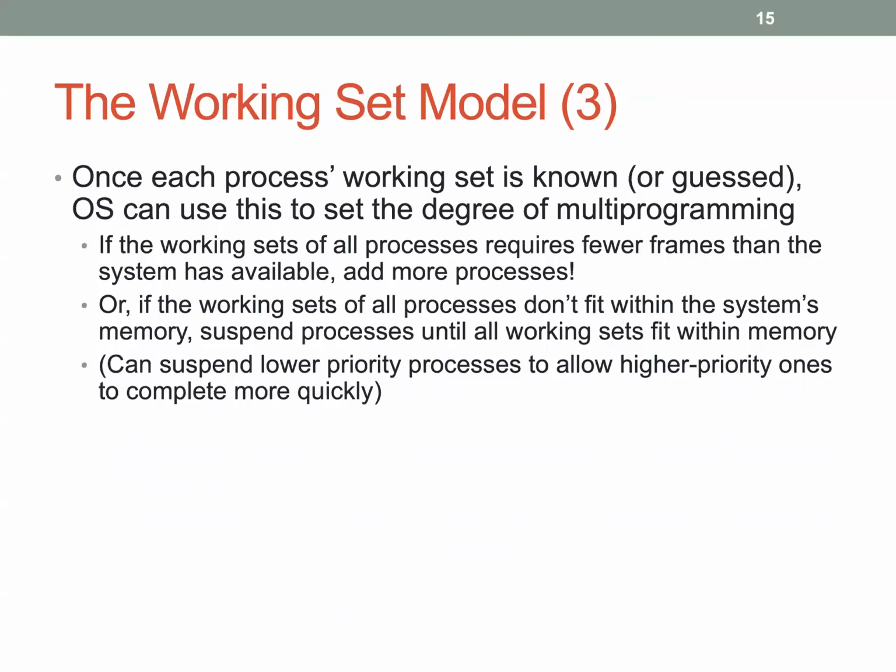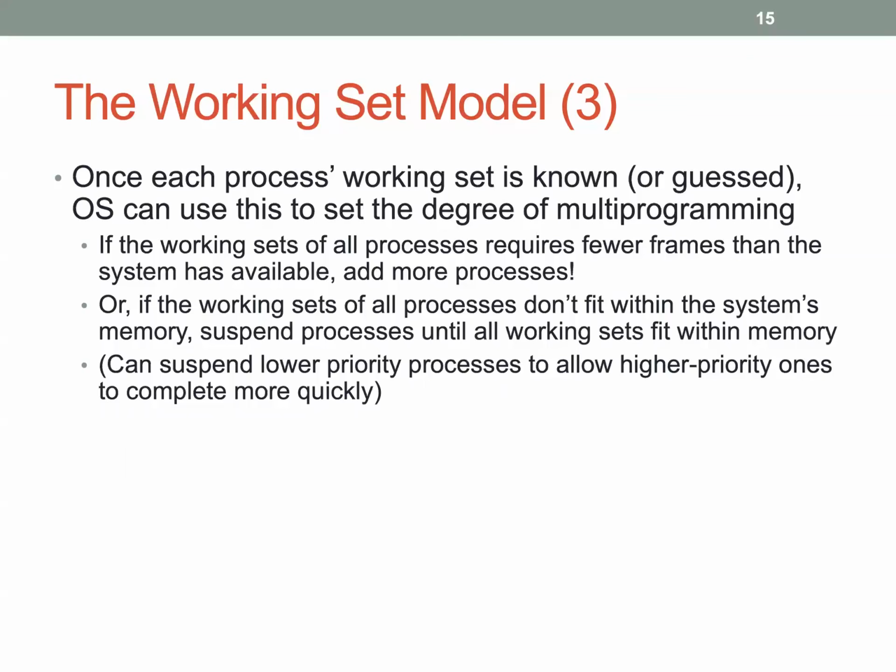Now, one of the things I want to mention is you're actually using this to determine the set of pages that are in the working set. Okay. And so you can use that to determine the degree of multiprogramming. So you can make decisions like, if the total of all working set sizes is the number of frames right now, we have a problem.